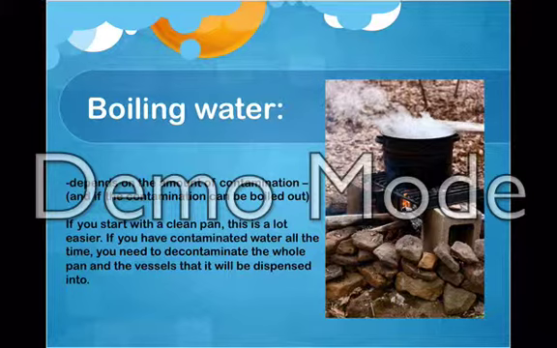If you have a persistent organic pollutant like TCE, trichloroethylene, you can boil it and it's still going to be toxic in your water. So boiling water really only works for pathogens. And again, if you have a clean pan, that makes life easier, but you have to think about what you're cleaning your pans with and your cooking utensils.